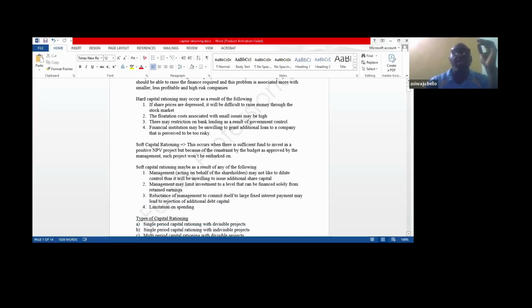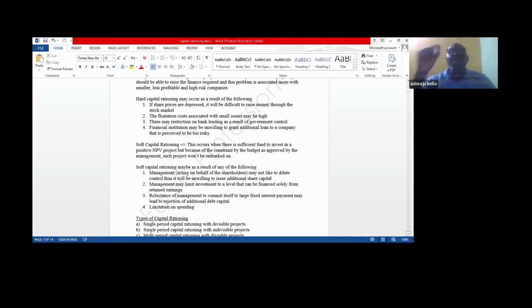Next, soft capital rationing. Soft capital rationing occurs where there is sufficient fund to invest in positive net present value projects.